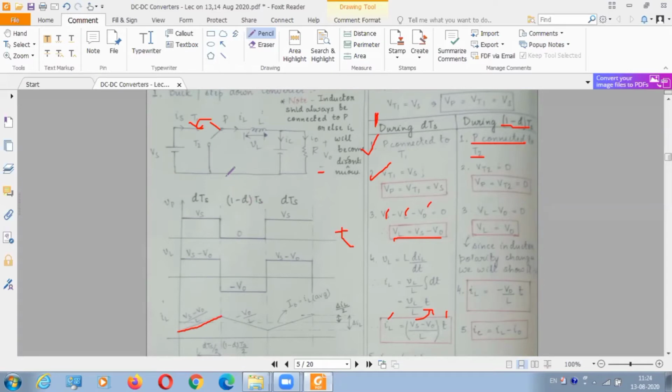One thing you should remember: I have studied the inductor current like this, starting from 0 and ending at 0. This type of current is called discontinuous current, meaning the inductor is allowed to completely discharge. What we are discussing over here is continuous current, meaning the inductor is charging from 3 ampere to 5 ampere, back to 3 ampere, back to 5, then 3.